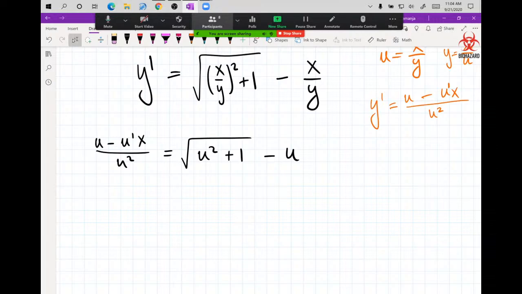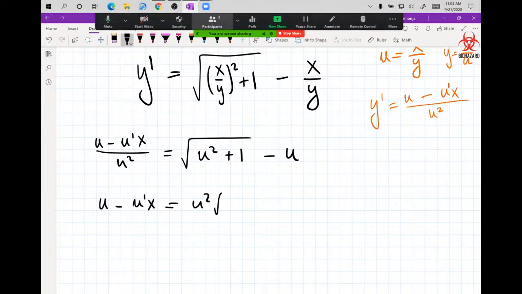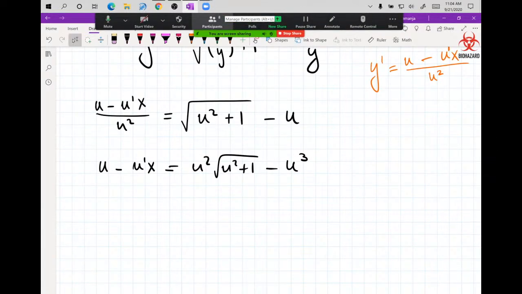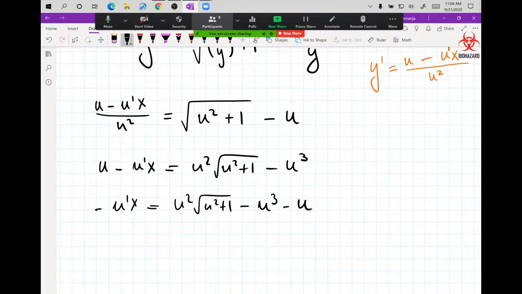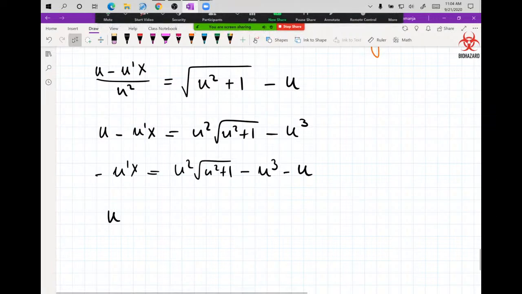I guess I need to separate this. So u squared times that gives u minus u prime x is equal to u squared square root of u squared plus 1 minus u cubed. Then I'm going to subtract u. So that's negative u prime x equals u squared square root of u squared plus 1 minus u cubed minus u. And divide everywhere by negative x to get u prime alone.